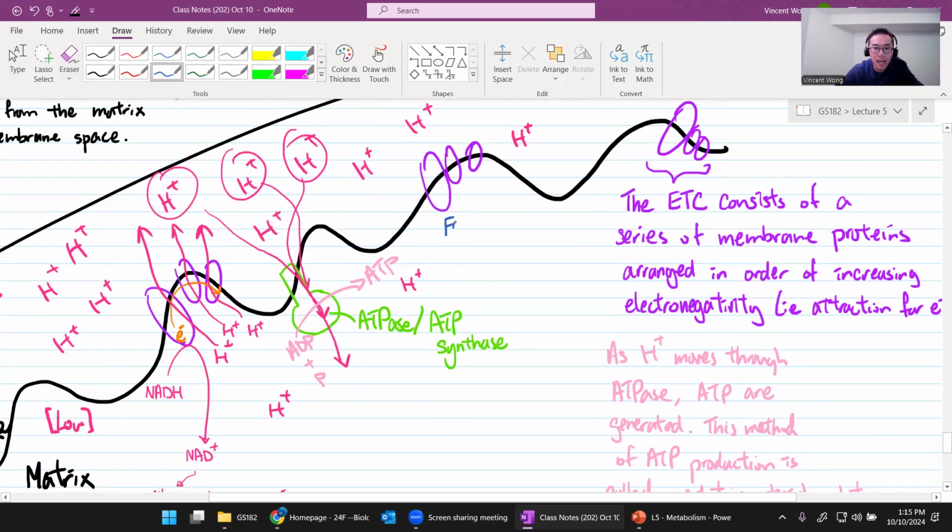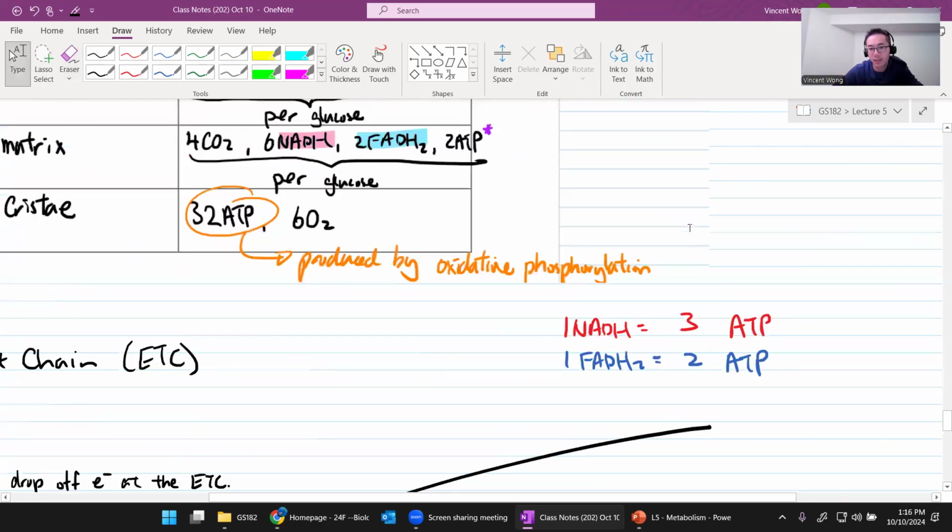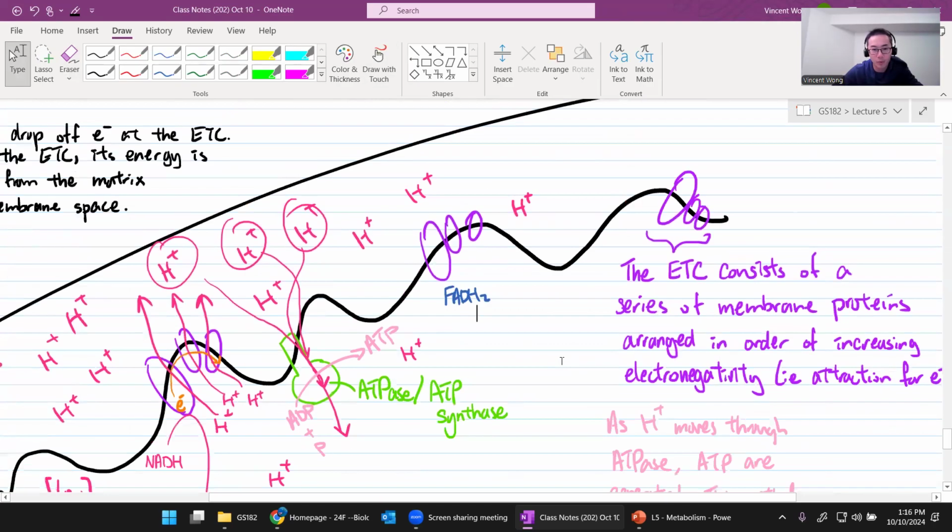Now, FADH2 has less energy compared to NADH because of the 3 and 2 rule that I told you about. So it's not going to be able to drop off the H+ in the first protein of the ETC. Instead, it's going to drop it off at a later point.